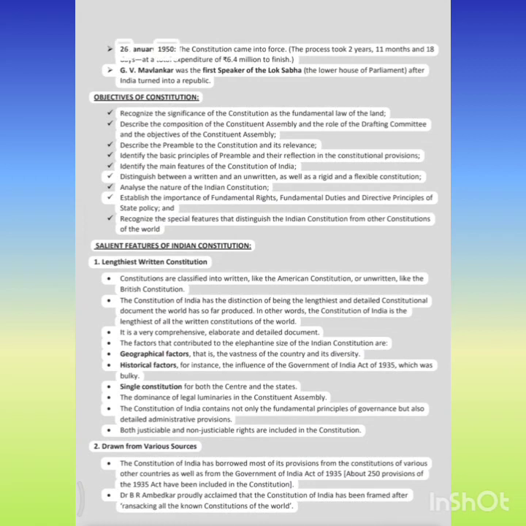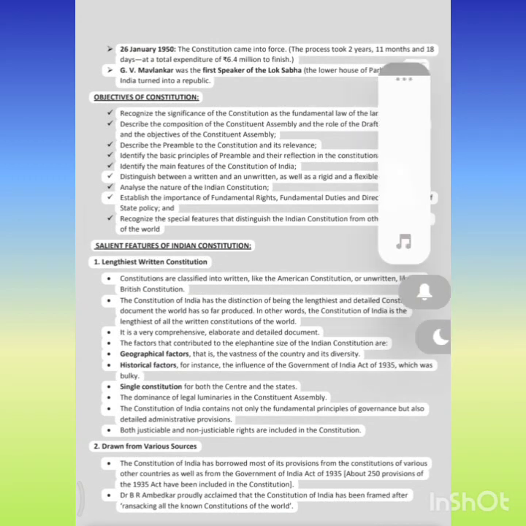The 26th of January 1950, the Constitution came into force. The process took 2 years, 11 months and days at a total expenditure of 6.4 million. G.V. Mavlankar was the first Speaker of the Lok Sabha, the lower house of Parliament, after India turned into a republic.